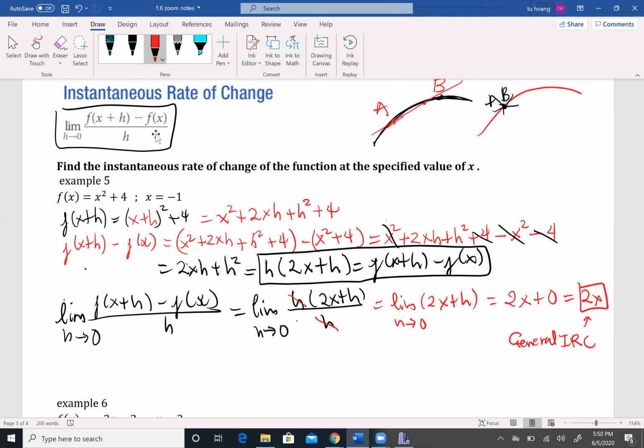And now I have to say at x equal to -1, right?